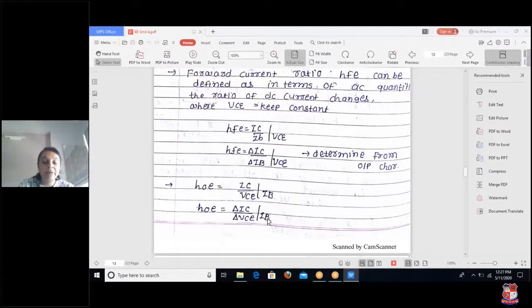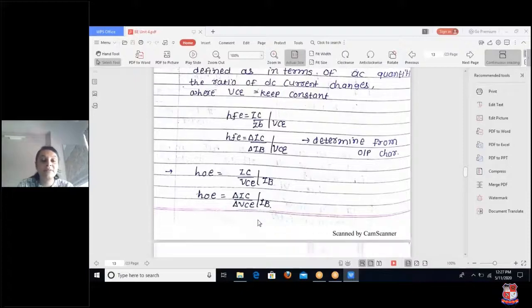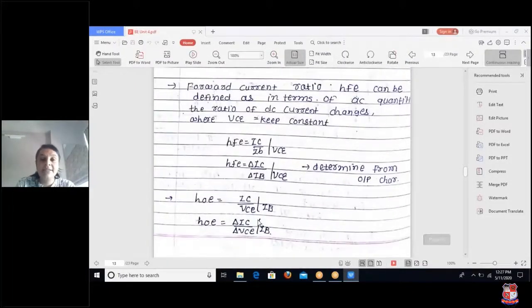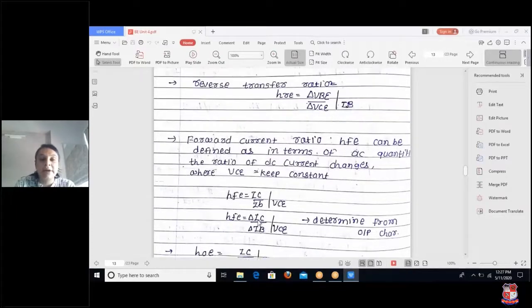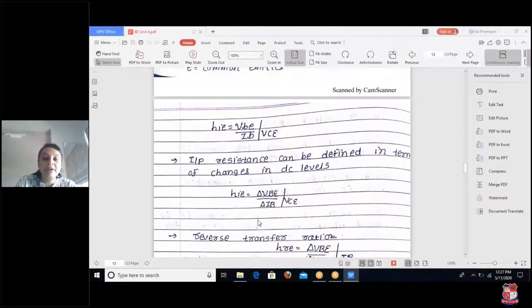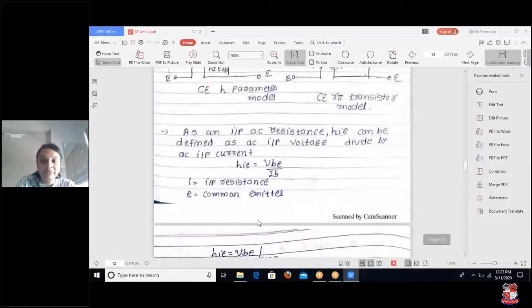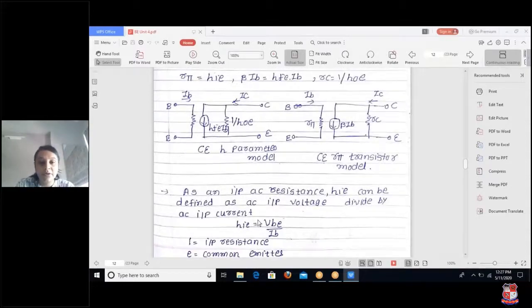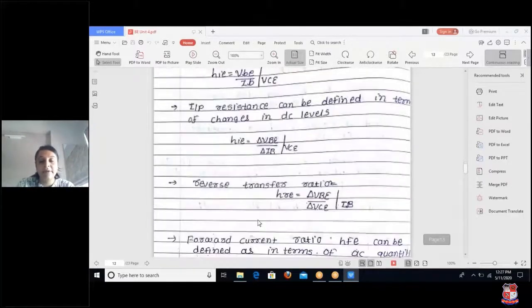So when we find it for a changing voltage, HOE equals delta IC upon delta VCE when your IB current is constant. These are known as the conductance, connected in series, forward current ratio, reverse transfer ratio, and the input resistance, right?